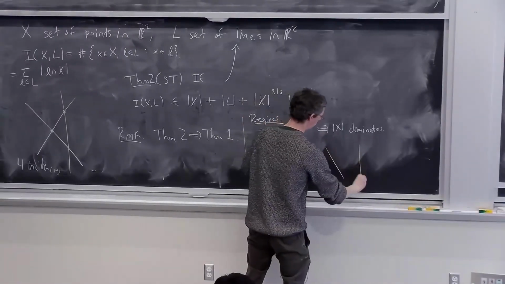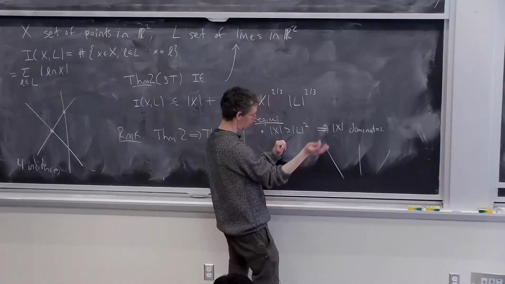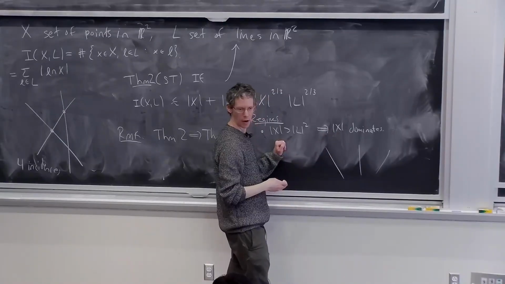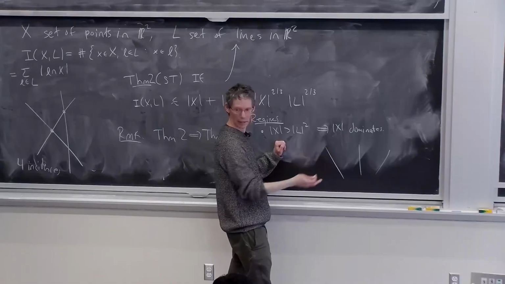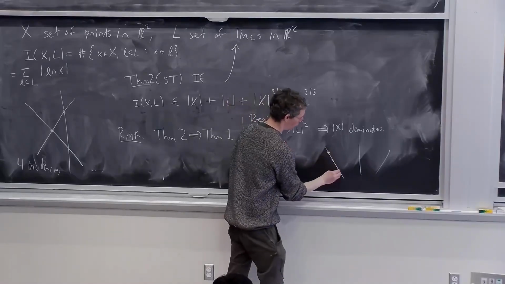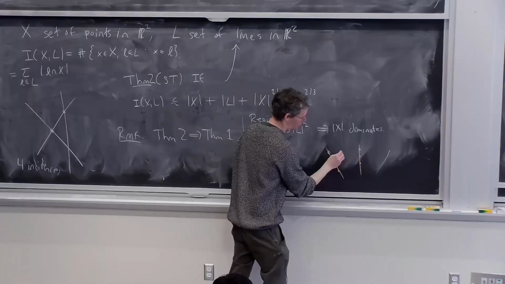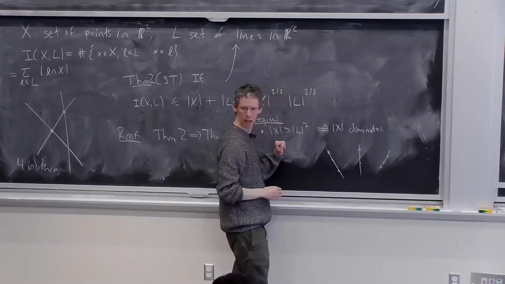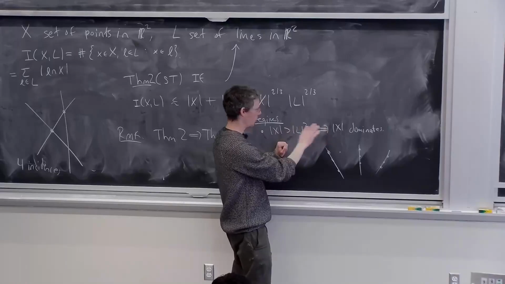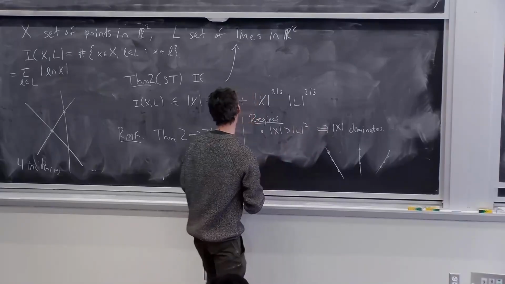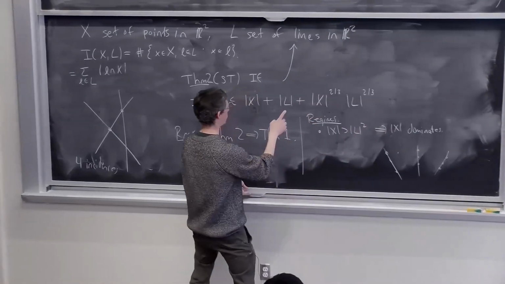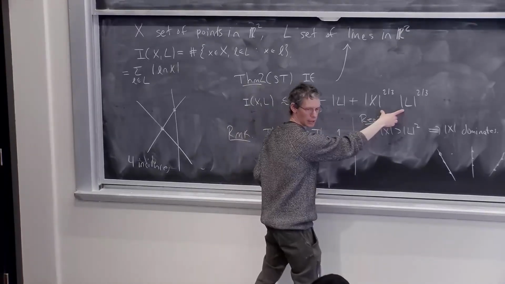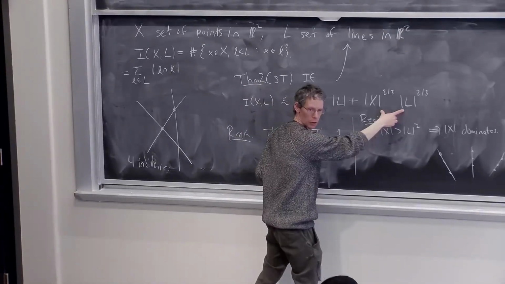So I have some lines, not very many, and then I have a ton of points, and I want to have x incidences. That means I had better put each of my points on a line. So I put each point wherever I like, but not off in the middle of space, but on one of these lines. And then I get this many incidences. So there's not that much of a structure theorem we could ask for here. And there's not that much of a structure theory we could ask for when this dominates. But here, if that one dominates, there are very few examples, and there could be a structure theory.